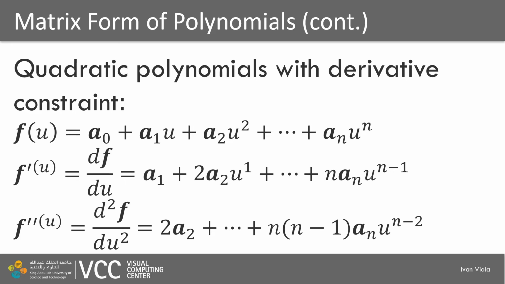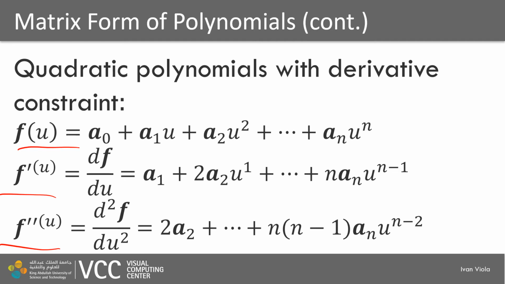Now, this matrix form can accept not only the constraints of the function, but also of the derivatives of the function. So not only the points, but also vectors at the particular value corresponding to the u, or even a curvature value. So what do we need to do in such a case?